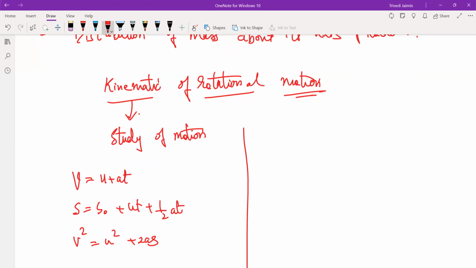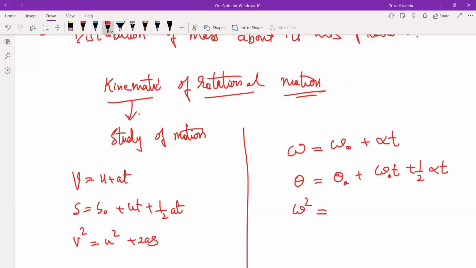Even in rotational motion, the same form holds. Convert it to angular: omega equals omega naught plus alpha t, where alpha is angular acceleration. Distance becomes theta: theta equals theta naught plus omega naught t plus half alpha t square.